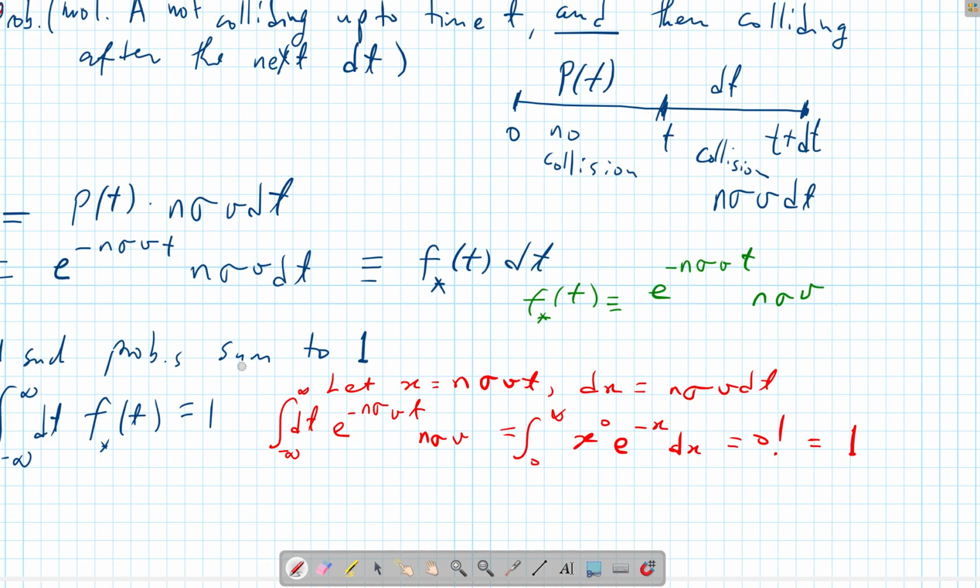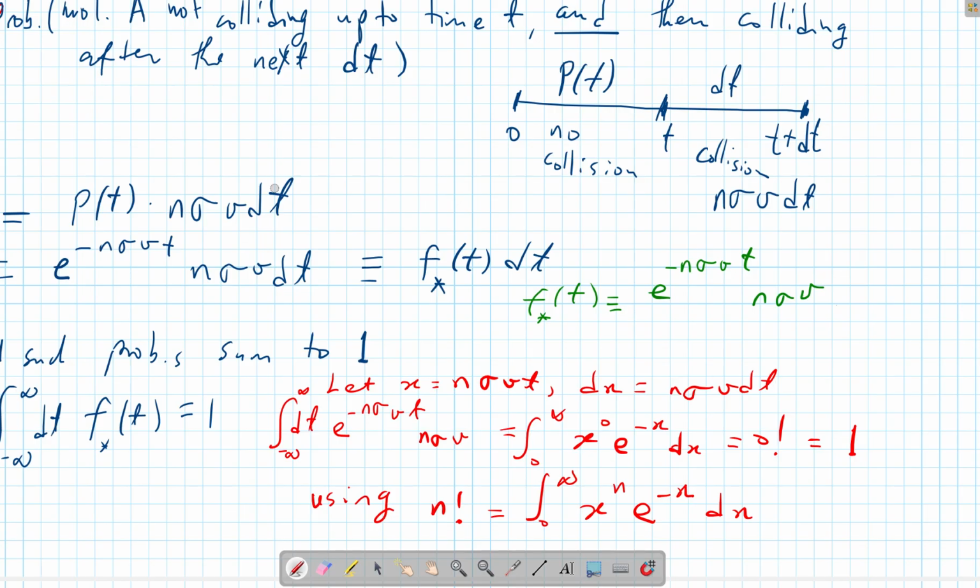Right? We've used this formula, n factorial is equal to the integration from 0 to infinity of x to the n e to the minus x dx. So you can see this is a valid probability, so to say.